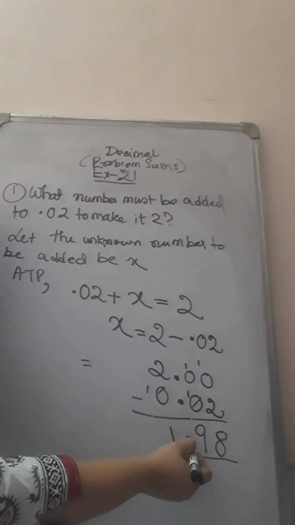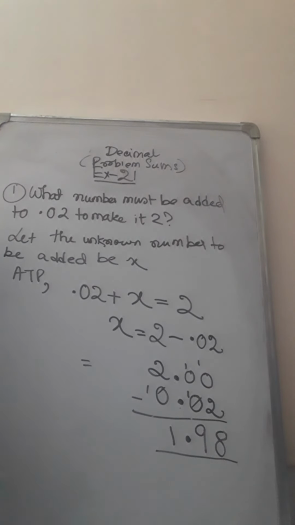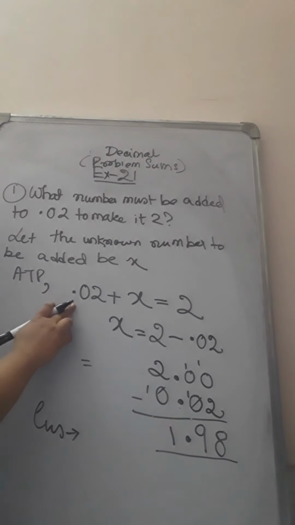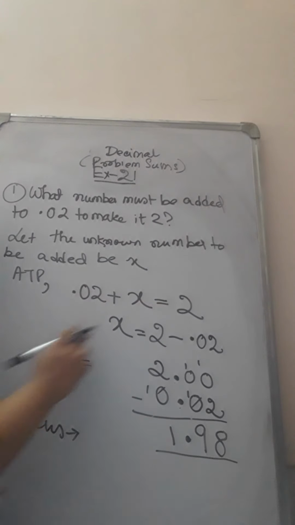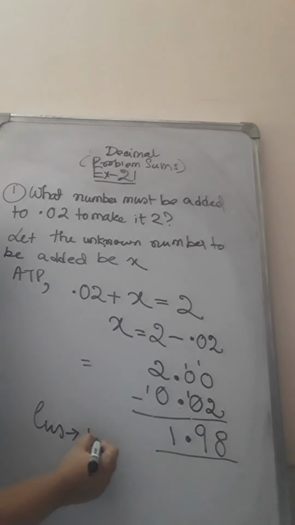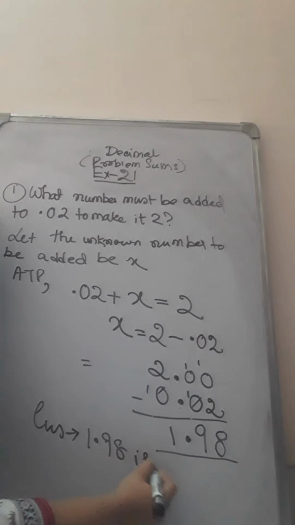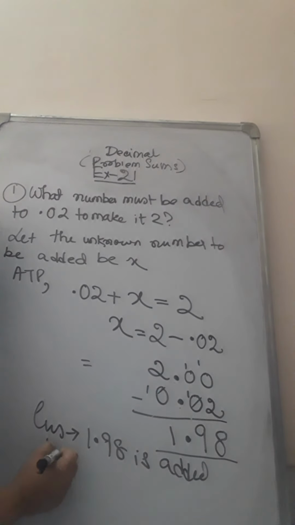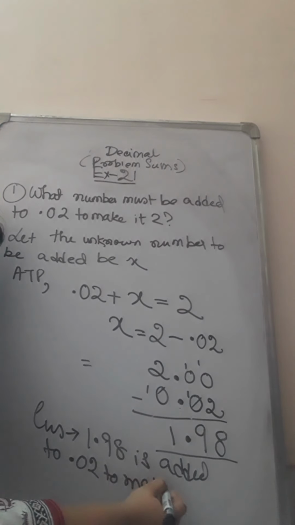So in the answer also the point will be before 2 places. So the answer is 1.98 should be added to 0.02 to make it 2. So 1.98 is added to 0.02 to make the sum total of 2.